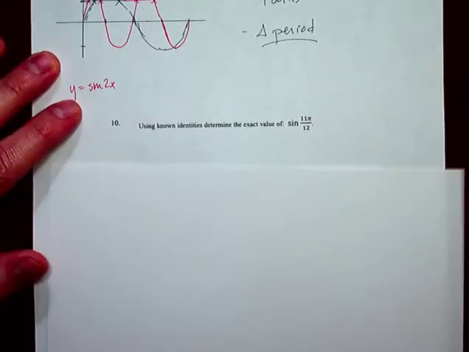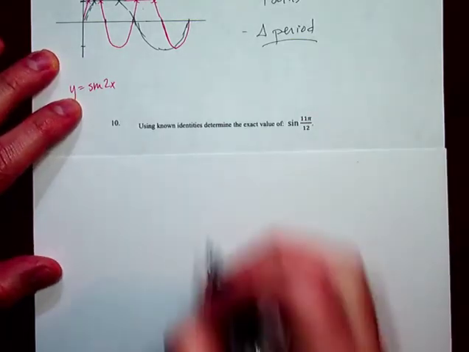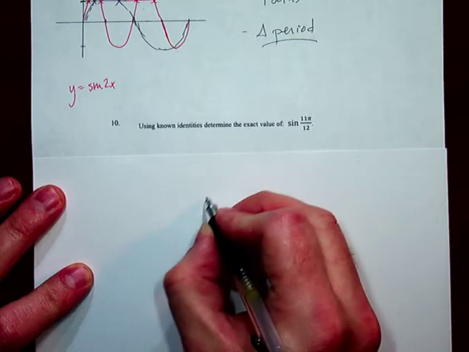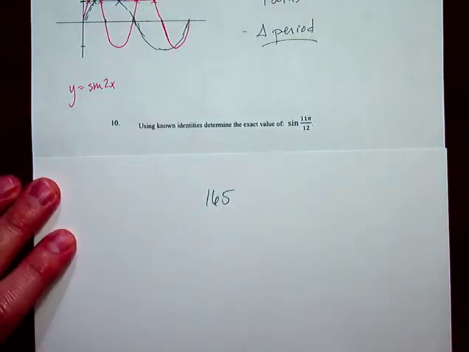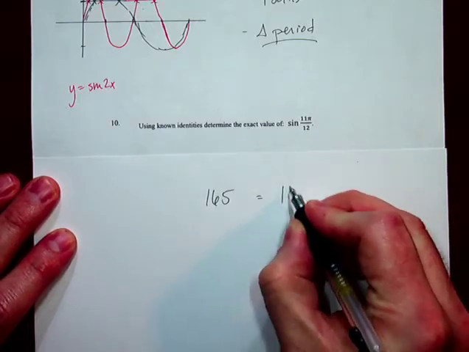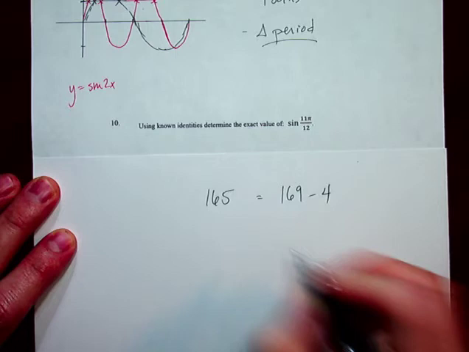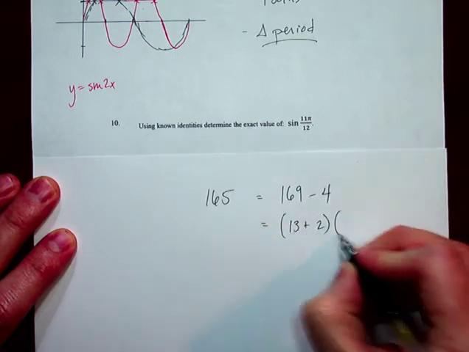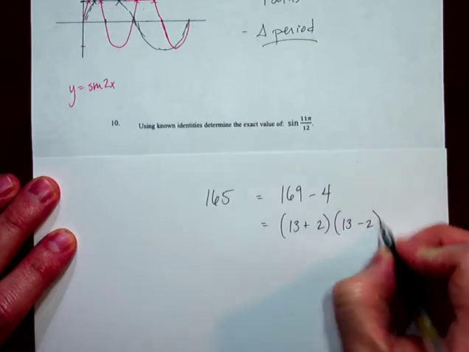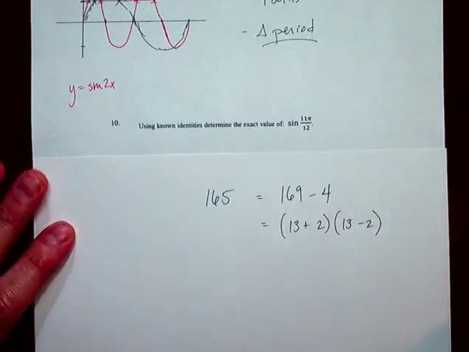And this is the same principle that, if I have 165 and you ask, what are its factors? Well, you could divide by 5, or you could recognize the fact that that's 169 minus 4, which, by the way, is the difference of two squares, right?